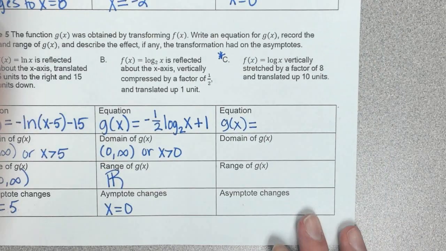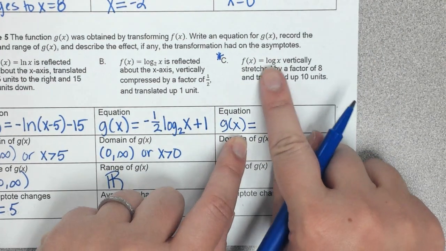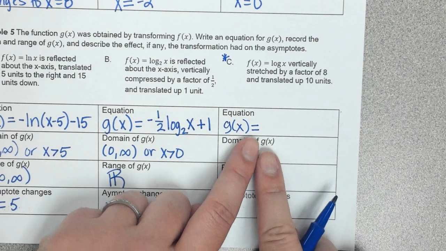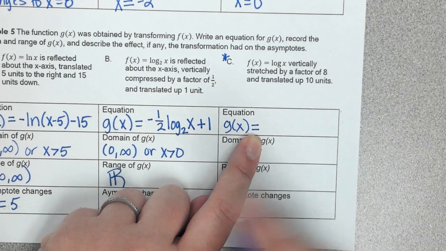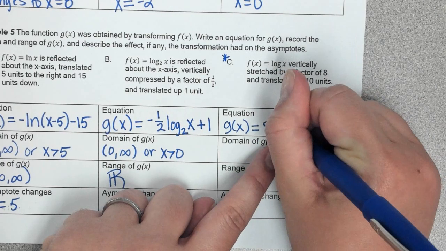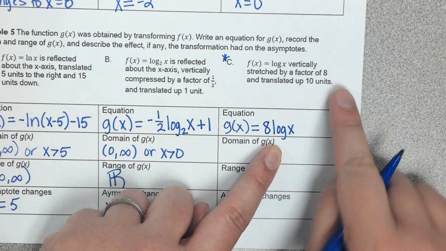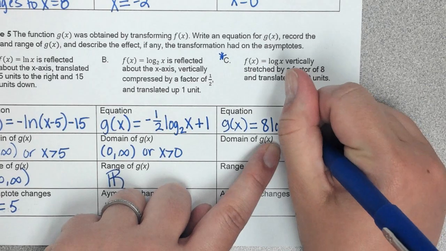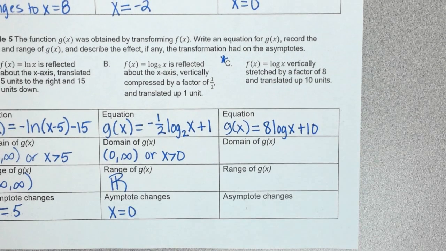Let's go over it. So our f of x is common log, or log x, vertically stretched by a factor of 8. So 8 goes in front. And we're translated up 10 units. So that's a plus 10 with no parentheses.